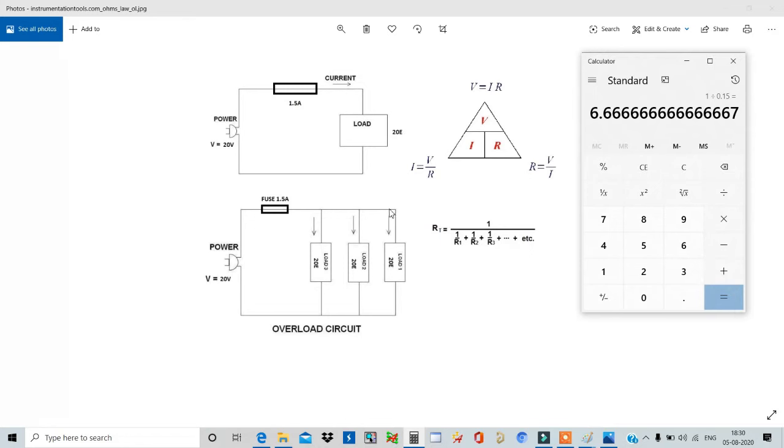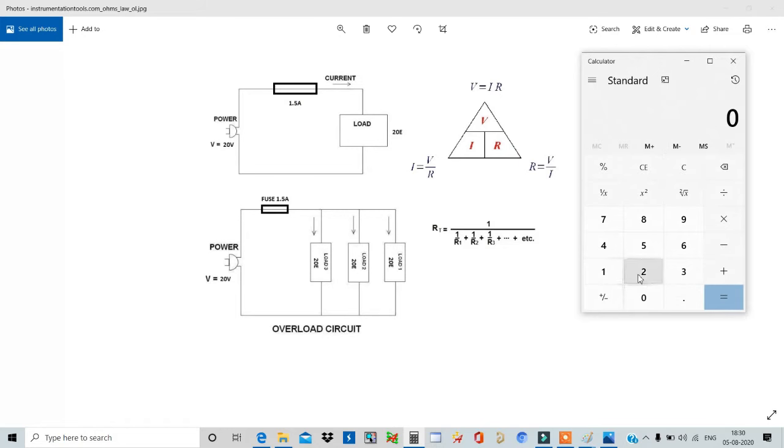Across this point to this point, you will get 6.666 ohm because it is connected in parallel. So the resistance value is decreased. Once the resistance value is decreased, the current will get increased as per Ohm's law.